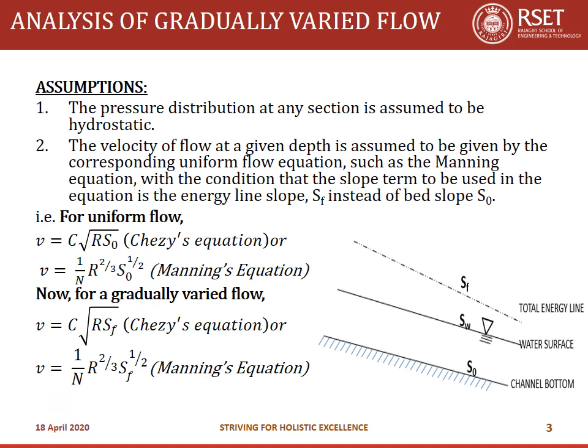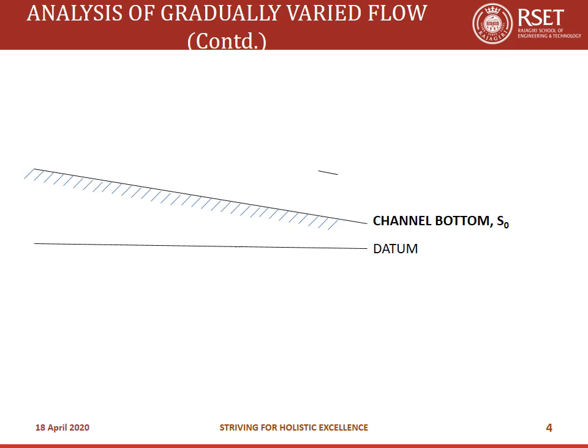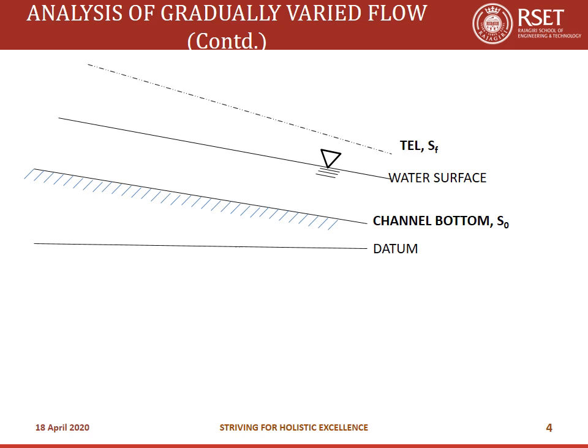So moving ahead, I'll again come to the figure in order to explain the analysis of gradually varied flow to you. This is the datum. You have the channel bottom with channel bottom slope S0. There is the water surface, and there is the total energy line with a slope of SF.